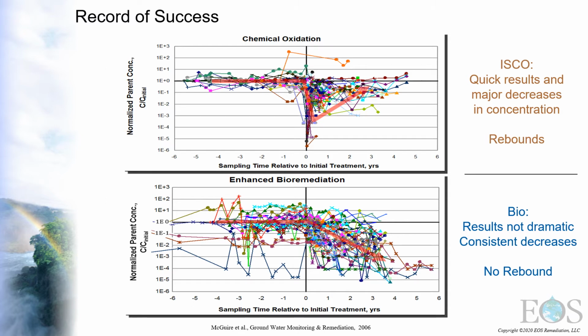You can see that the graph above, they're getting very dramatic results initially upon injection, but almost all of those sites ultimately end up with rebound. When we look at enhanced bioremediation, each one of these lines is an individual site. And you can see that the overall trend for all of those sites is that they are decreasing. Now, it's not as dramatic as the ISCO, but the overall success of the projects are much higher. But there are some limitations to bioremediation.